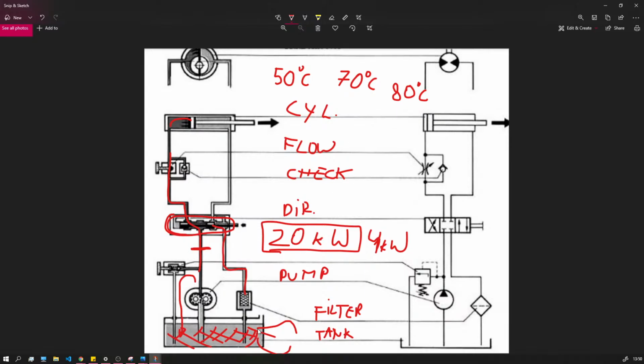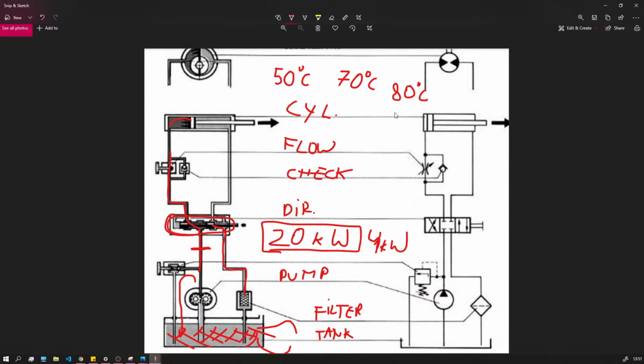We are talking about the temperature in the tank, that means some points in the system that may be quite hot are even hotter than 80 degrees. The oil may start to lose its lubrication capabilities and corrosion resistance capabilities and so on. It starts to lose its structure.